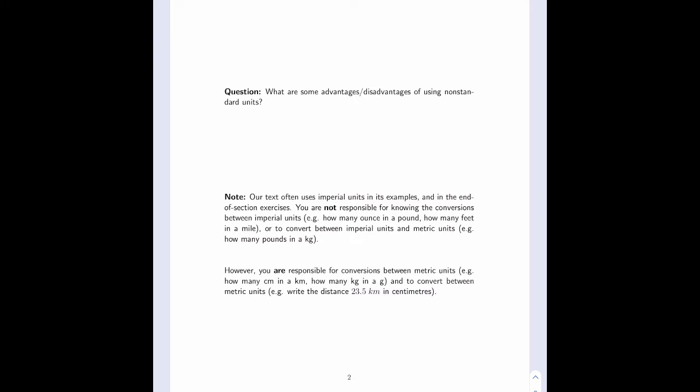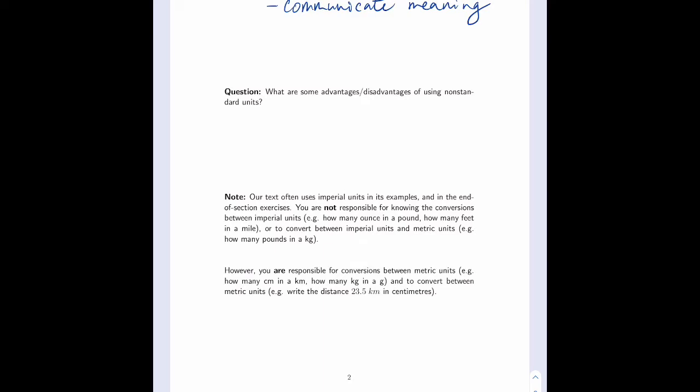So advantages, disadvantages of standard units, well, mostly advantages really. We can communicate meaning to others more easily, especially if they're not actually present.